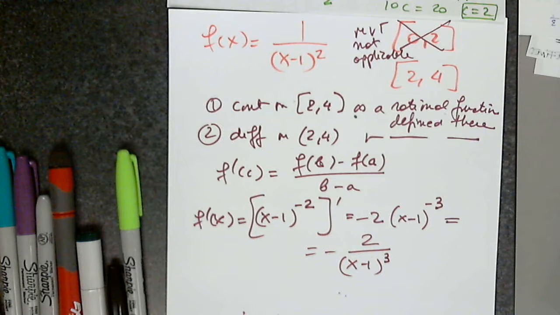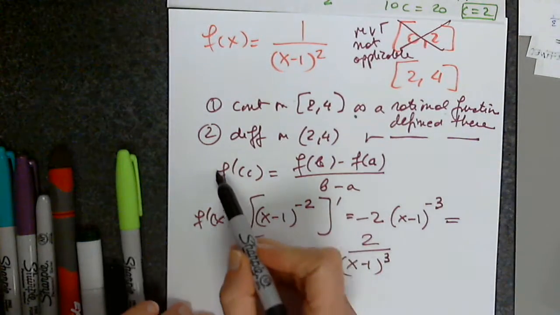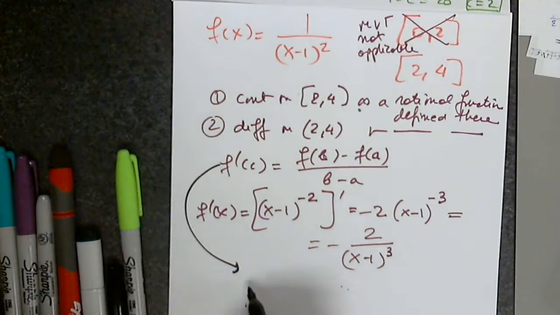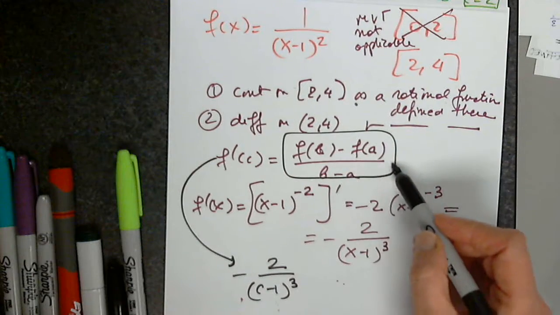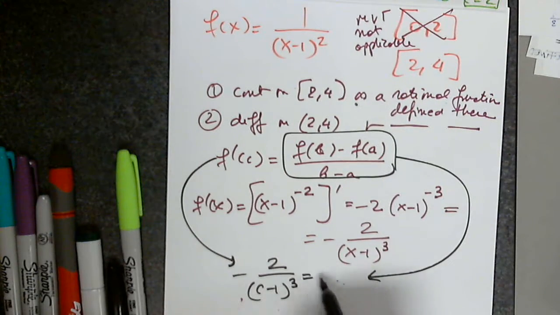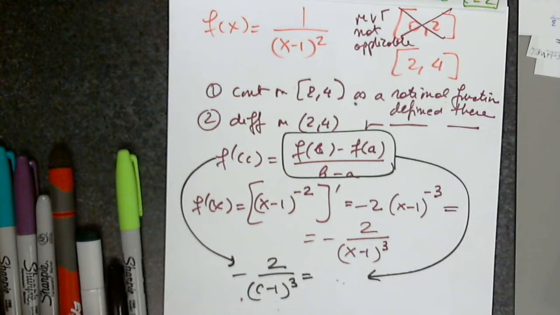Are we in agreement so far? Yes? Everyone? Okay. So this part is clear now. It's negative 2 over (c minus 1) to the third. But now I have to work on this part, the right-hand side.